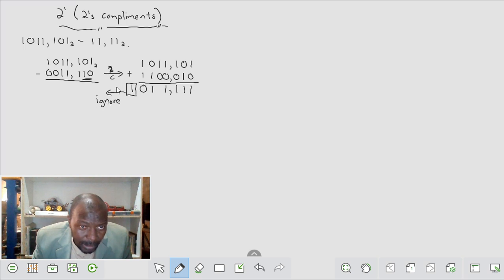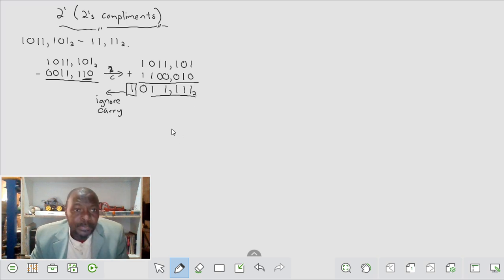Remember, in converting from 1's complement to 2's complement, we add 1. We only add once. So we added a 1 when we were converting, and this carry 1 here you ignore. Ignore carry. So your answer is therefore that.